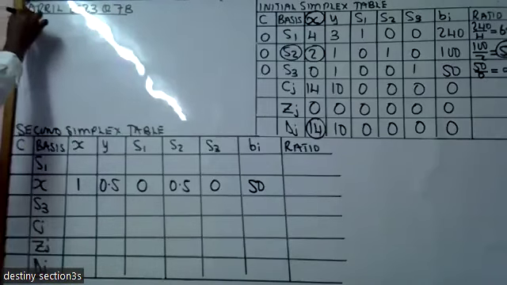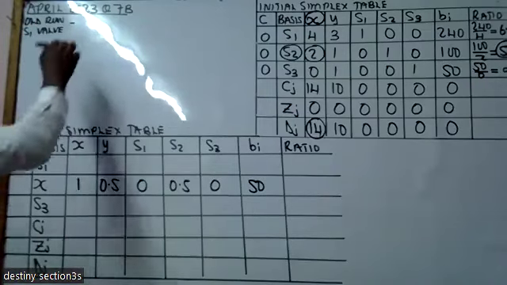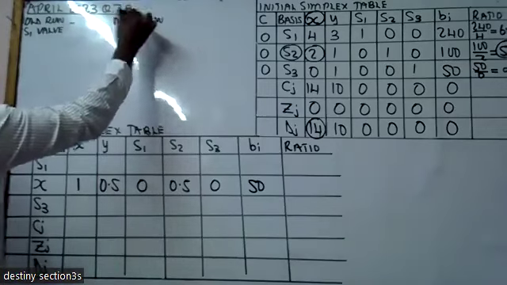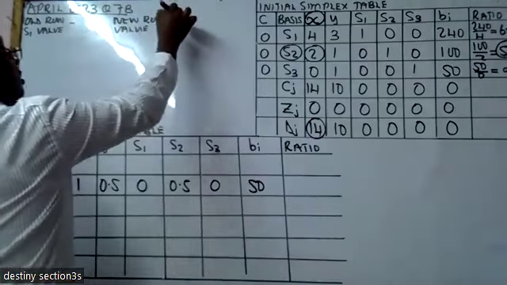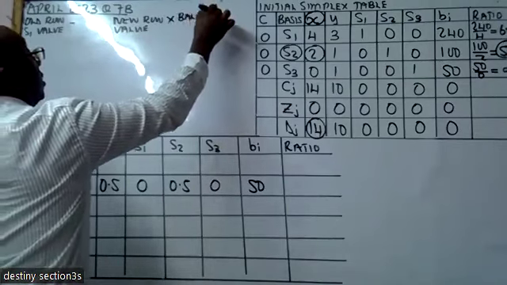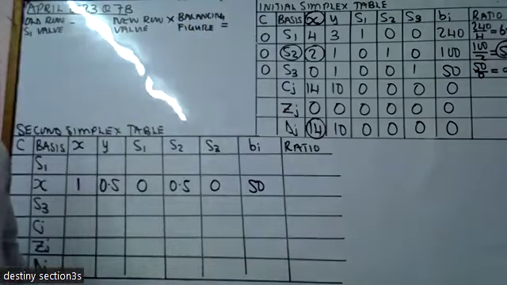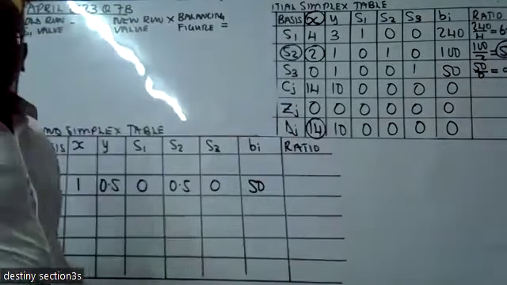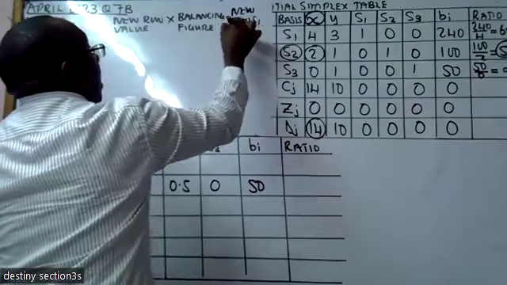So utasema old row S1 value minus new row value times balancing figure, it will give us new row S1 value.